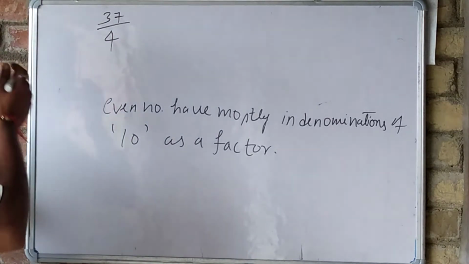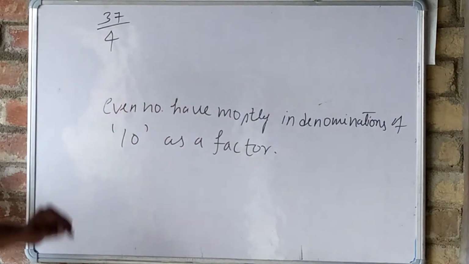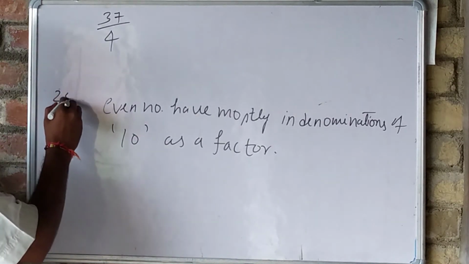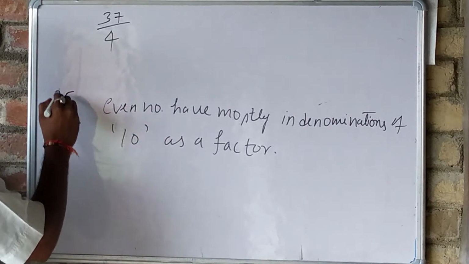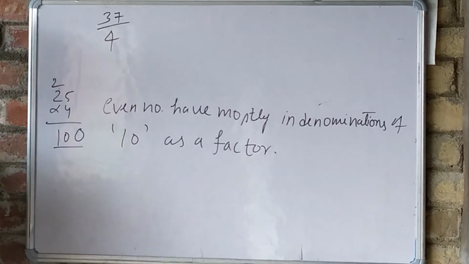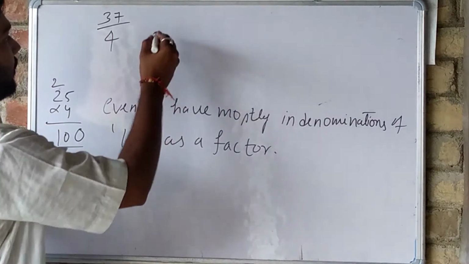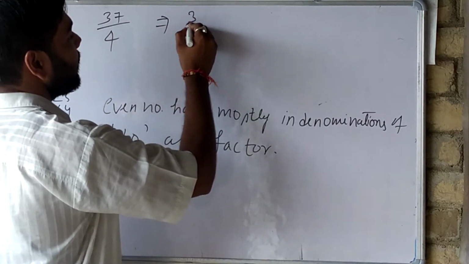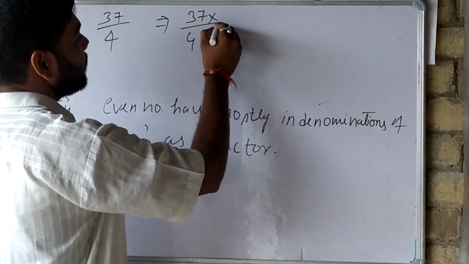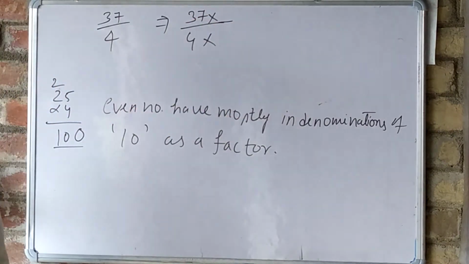So how do we convert? 25 into 4, if we do that, we will get 100. 25 into 4: 4 5s are 20, 4 2s are 8, 9, 10. So 25 into 4 we get 100. So what will we do? We will multiply by 25 in the numerator also and in the denominator also.